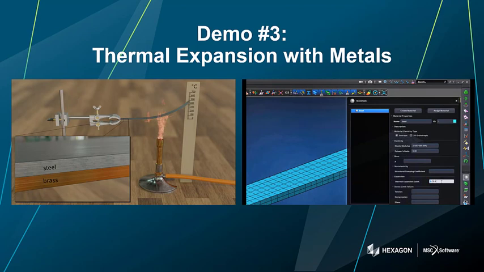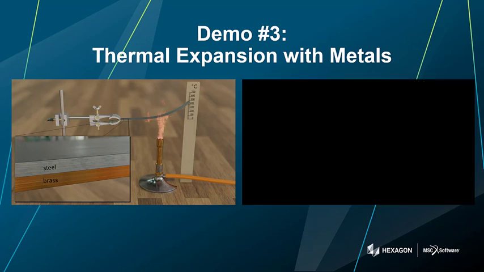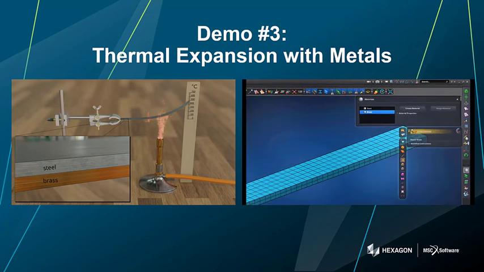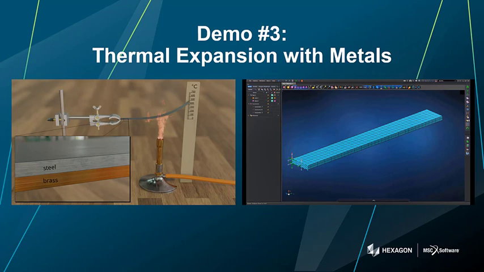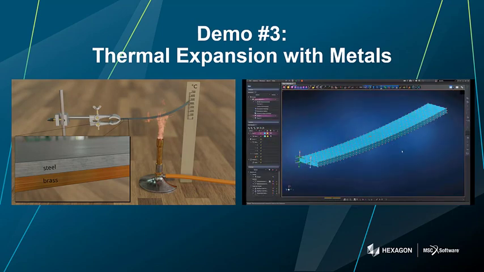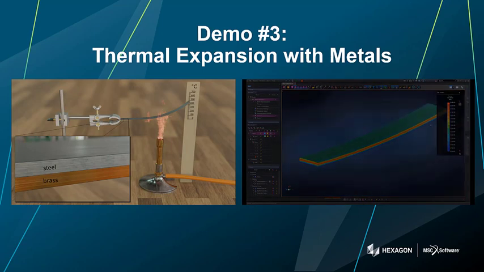We won't be able to go into all the details here in this demo, but at least here you can see on this classic example model, you define your CTE, your coefficient of thermal expansion, and the metal that has the lower CTE expands less, and the metal with the higher CTE expands more, thus causing a curvature of the model, and you can see there. Okay, and so we're looking at the post-processing results of that metal strip.